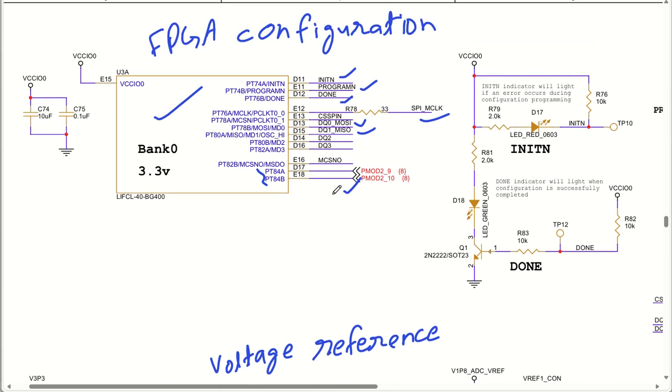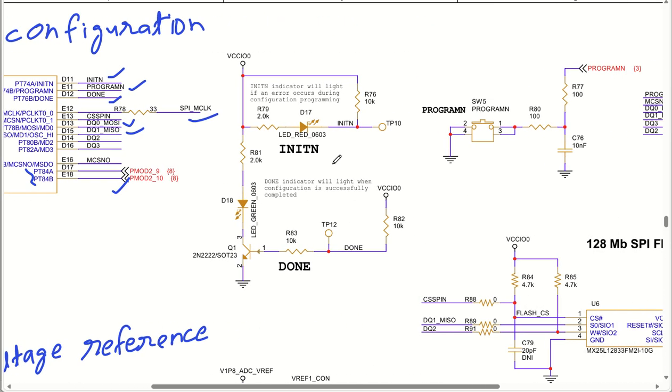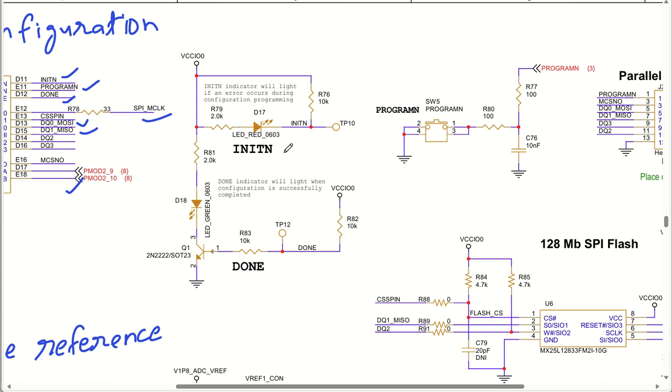Next are three LEDs used for various functions. Let us say the initialize function: the INIT indicator will light if an error occurs during configuration. This INIT is connected at this location.